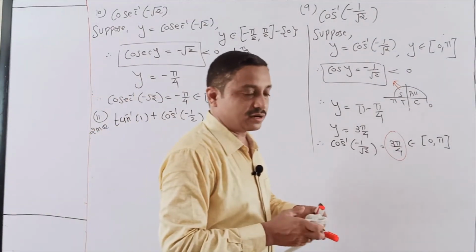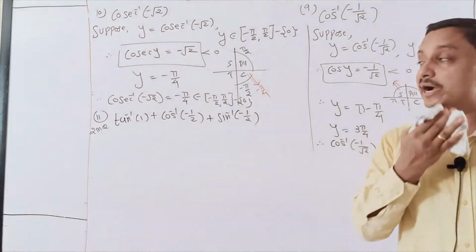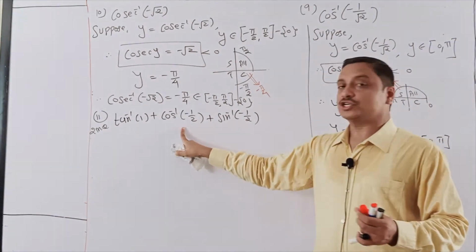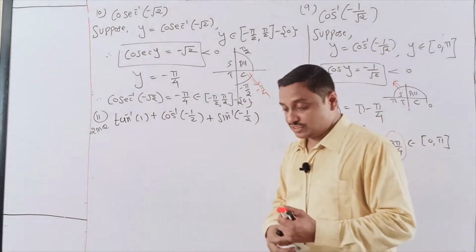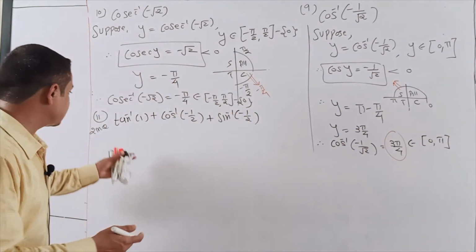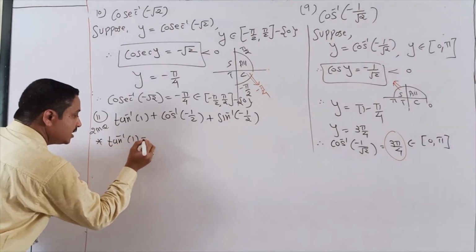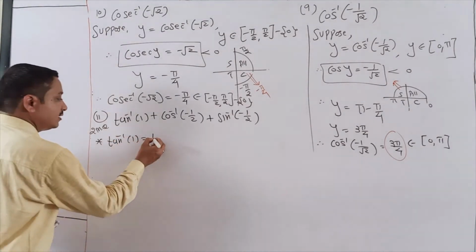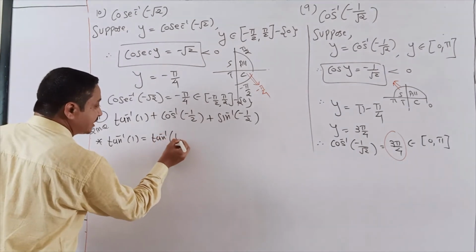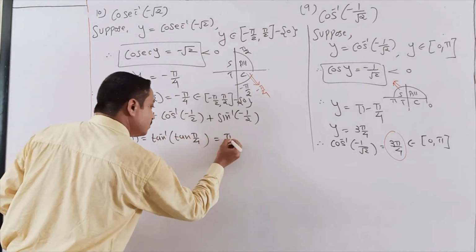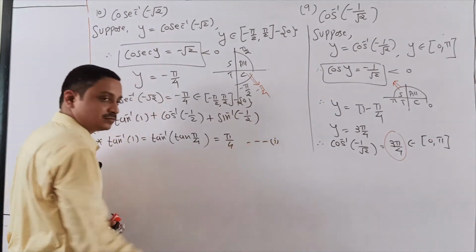One by one, I calculate by the rule of our property: tan inverse 1, cos inverse minus half, and sin inverse minus half. First I explain tan inverse 1, students. Yes, it is 45 degree. Now here I create direct steps quadrant wise: pi by 4, statement 1.